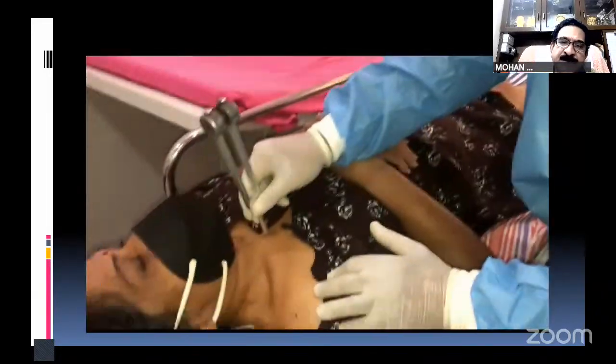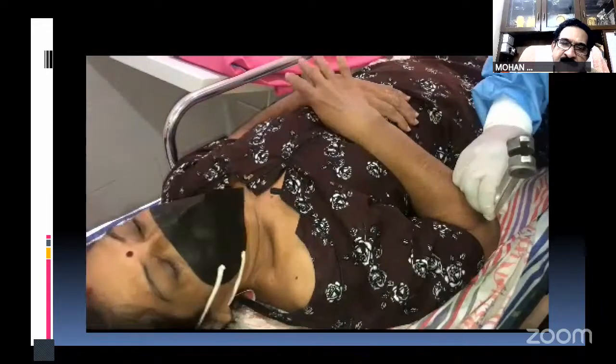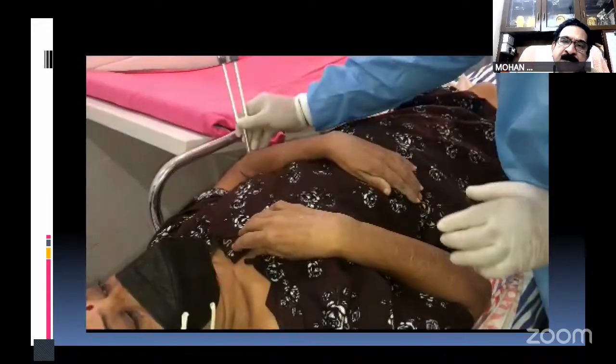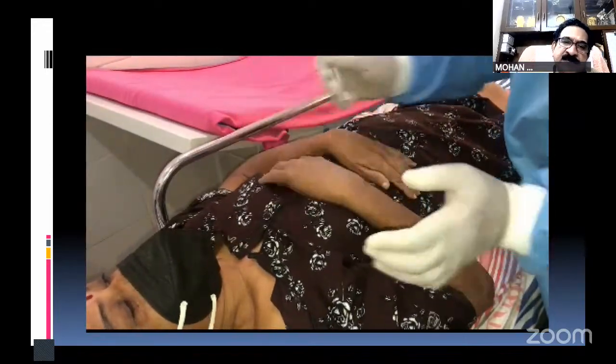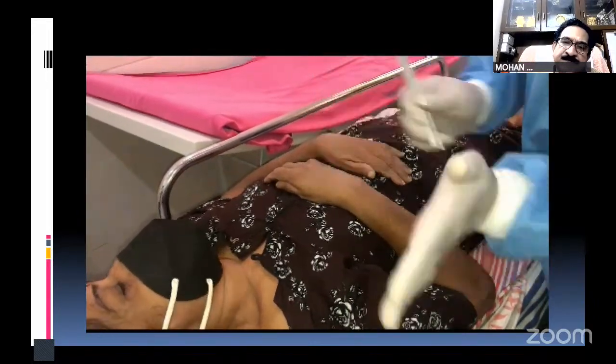Sensation: she is able to feel pain everywhere. She is able to feel, but not on the left elbow. There she is not able to feel. Right hand she is able to feel.